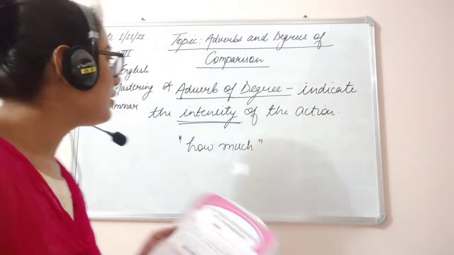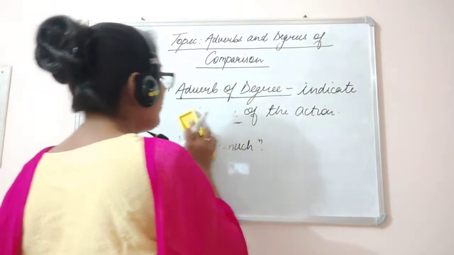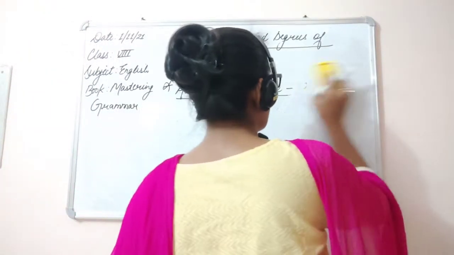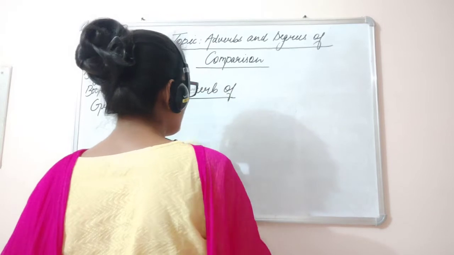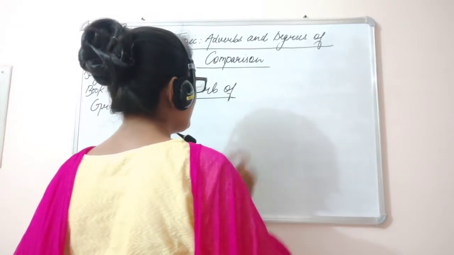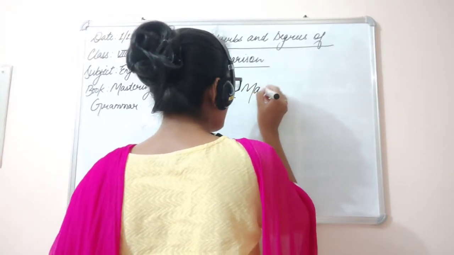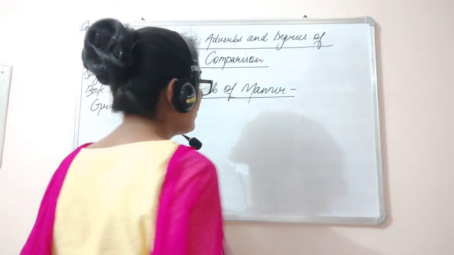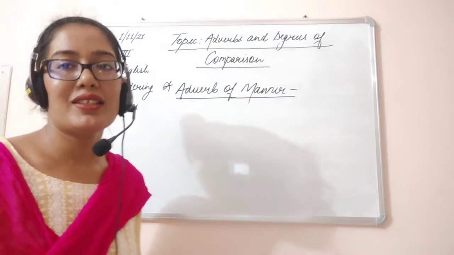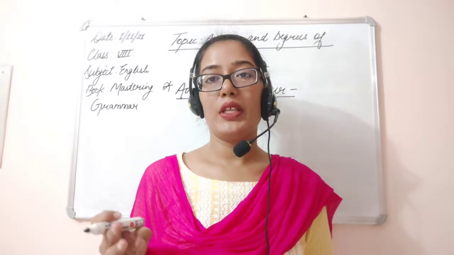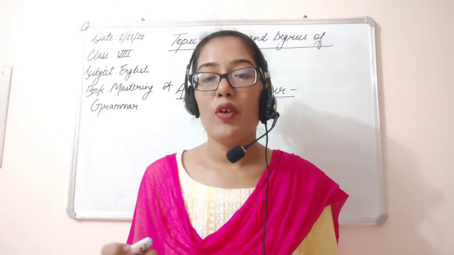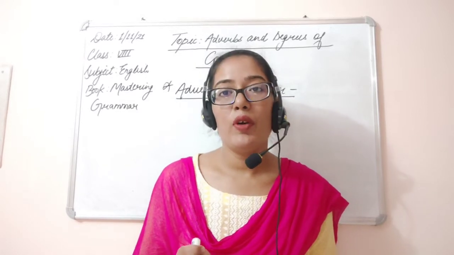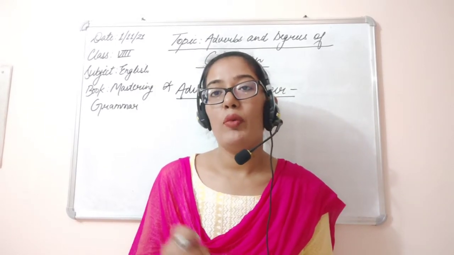Another adverb is adverb of manner. So this is the last one in which there would be sentences of adverb of time, adverb of place, adverb of frequency, adverb of degree, and adverb of manner.